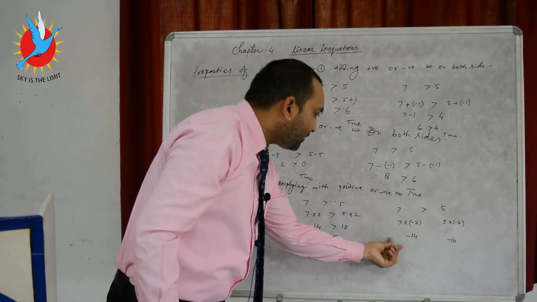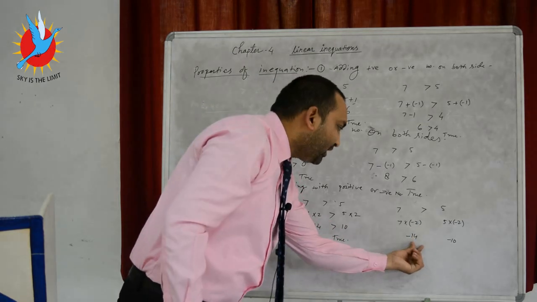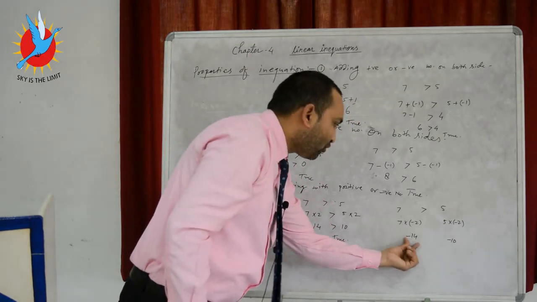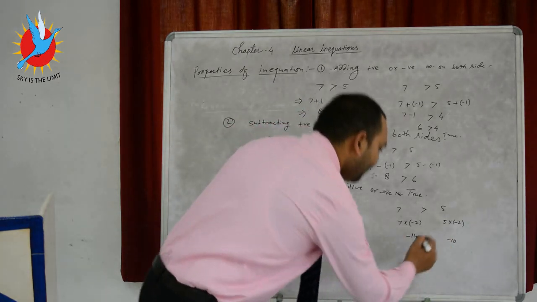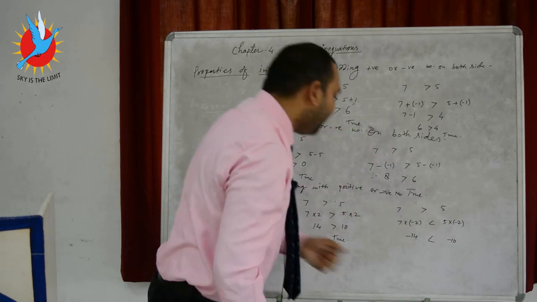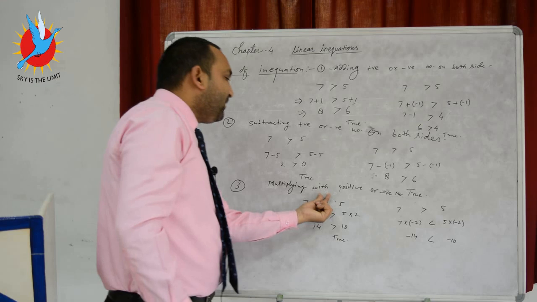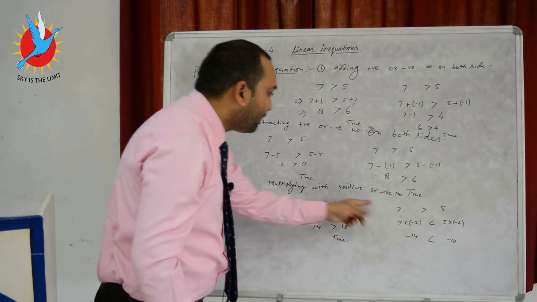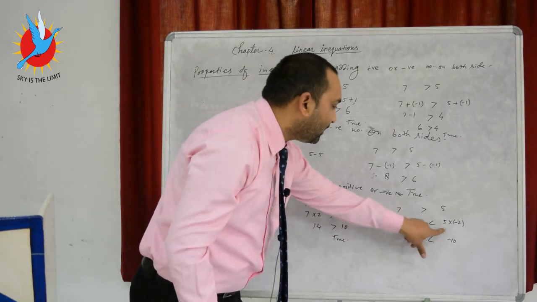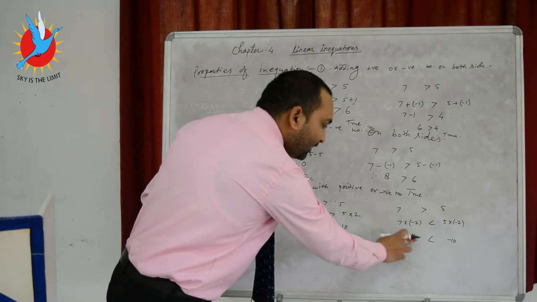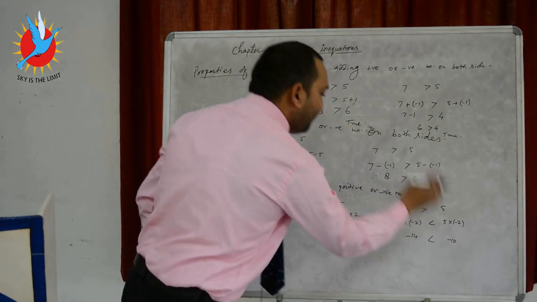Here, is minus 14 greater than minus 10? No, minus 14 is less than minus 10. So the inequality changes. It means when we multiply by a positive number, the inequality remains the same. But when we multiply by a negative number on both sides of any linear inequation, the inequality sign will change.